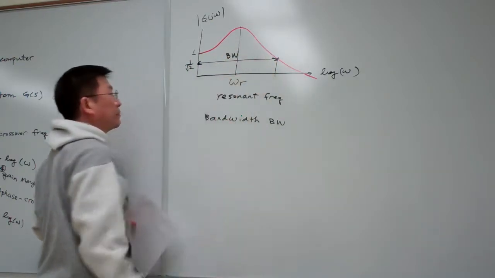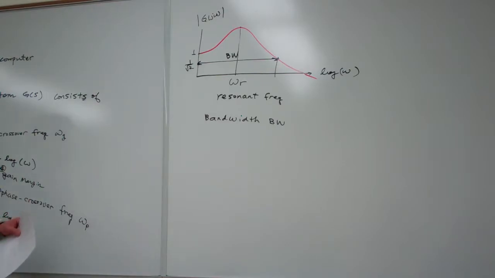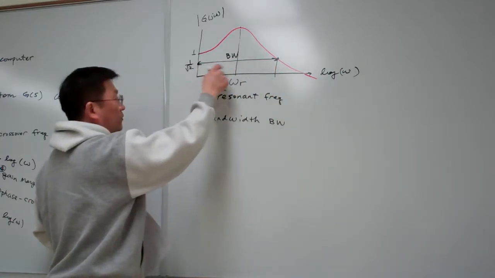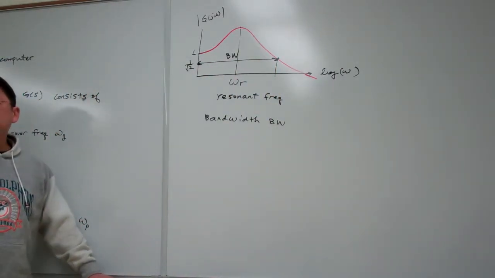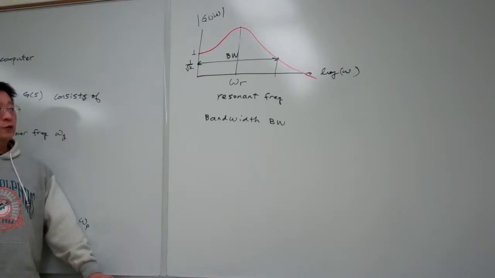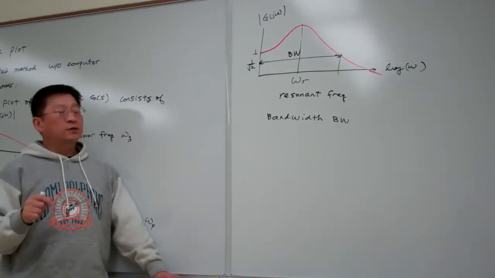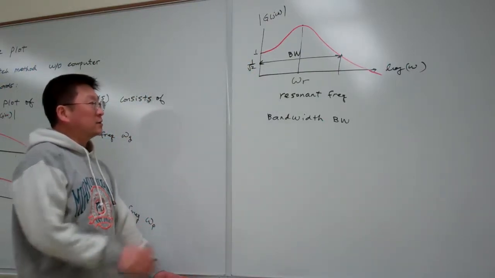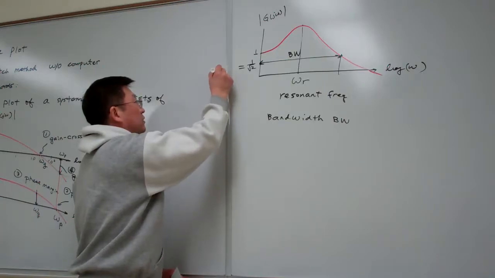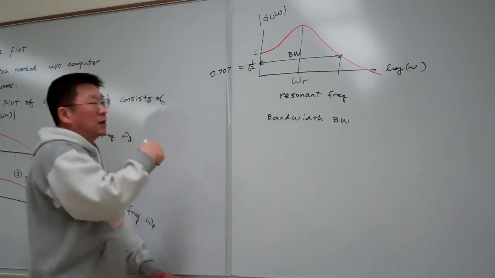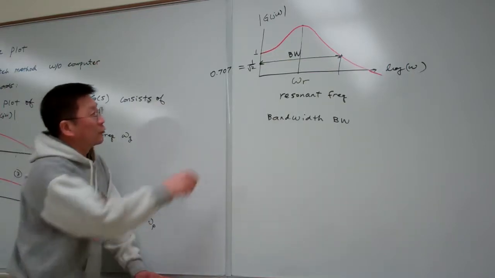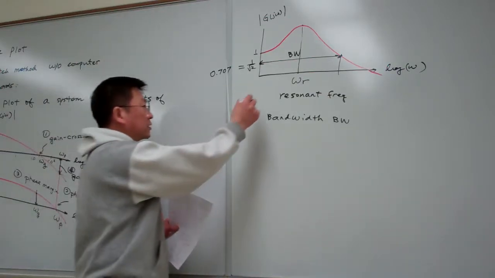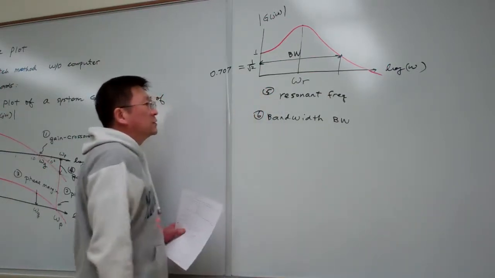So bandwidth is the portion of the region in the frequency, and that bandwidth gives us the definition that we are pretty much sure the magnitude of the output of the system is at least 70% of the original value here. Okay. So this is the 5th keyword, and this is the 6th keyword.